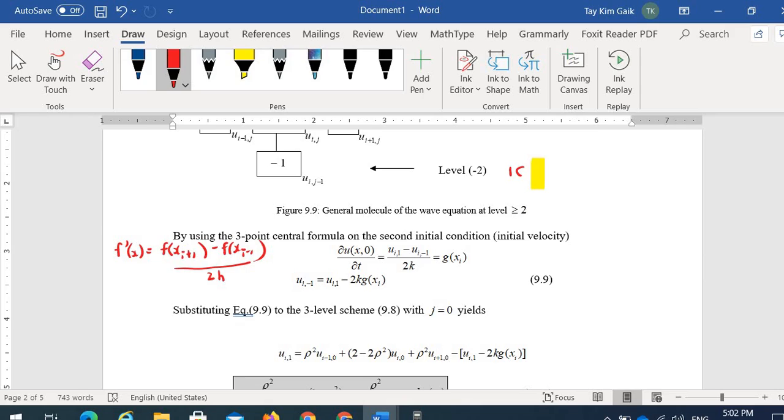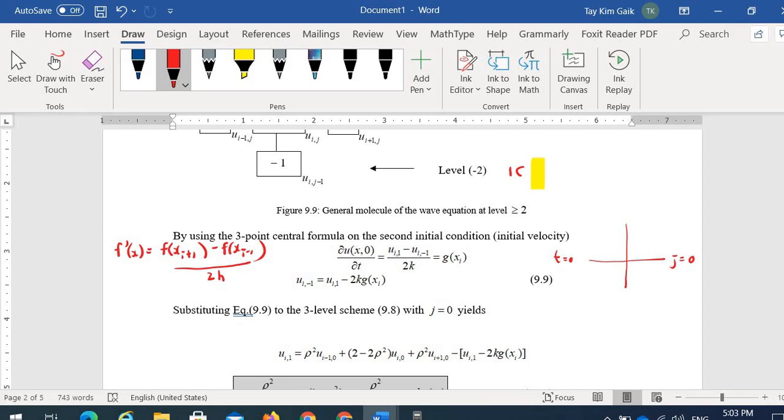But this is del u del t, that's why delta t is k, that's why divided by 2k. How do you get ui1 minus ui minus 1? Say we got here t equal to 0. Let's say j here is 0, and then del u del t at t equal to 0.